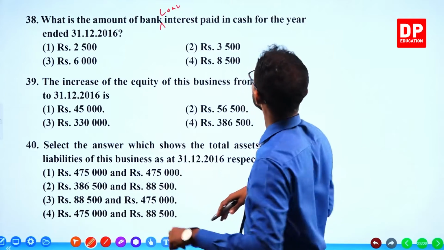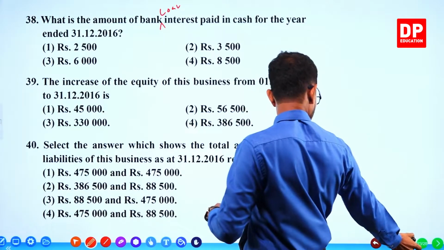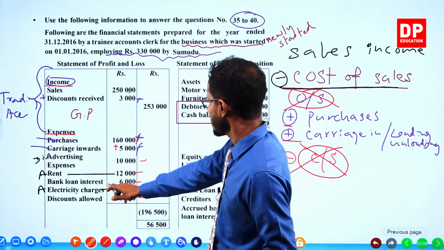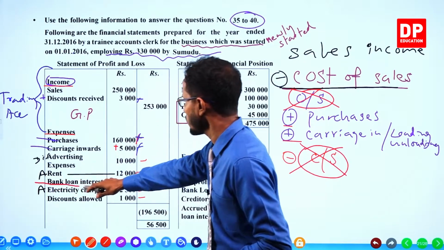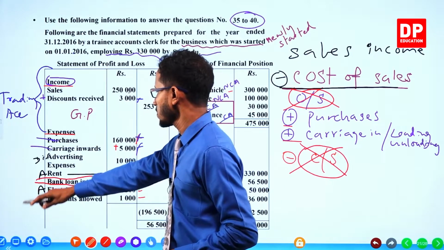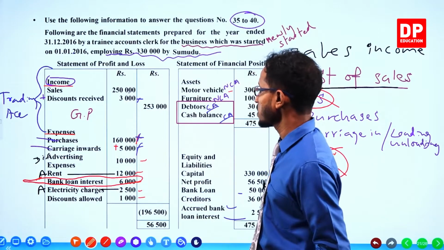Paid in cash. We have bank loan interest 6,000 here. This is the relevant amount for the year, which is in the profit or loss statement.